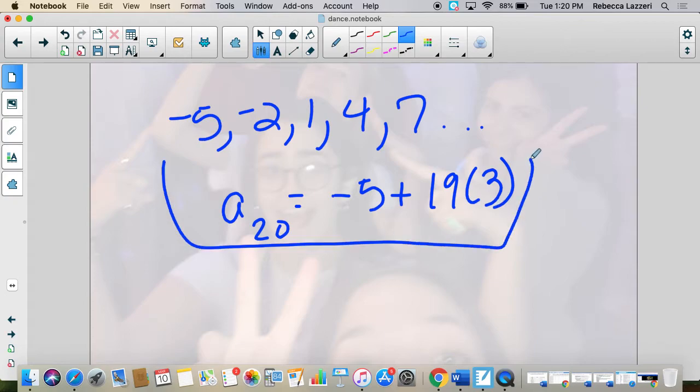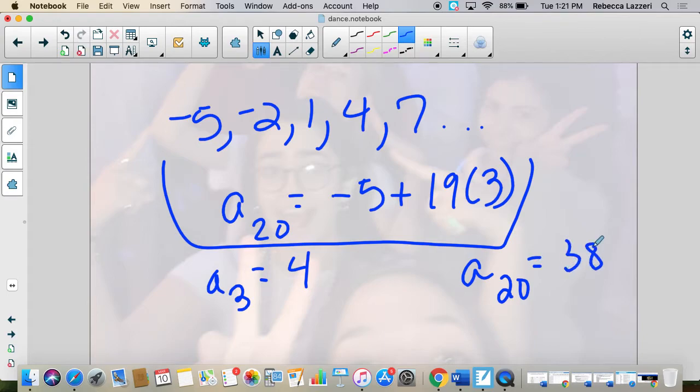Alright, now I'm gonna give you somewhere in the middle. I'm not gonna start at the first term, I'm gonna start at the third term with a number like 4. And then I'm gonna give you the 20th term. It is 38, and I want you to find the 5th term.